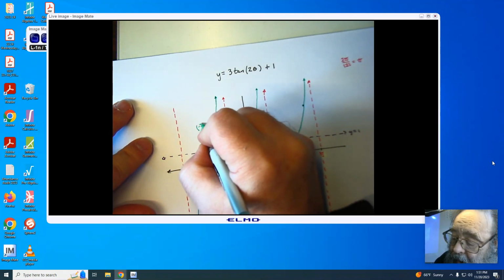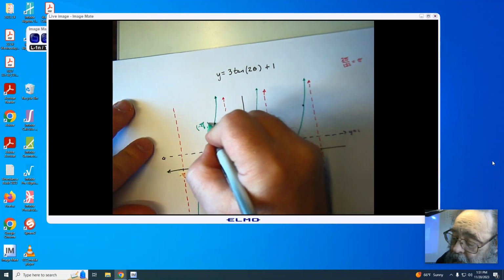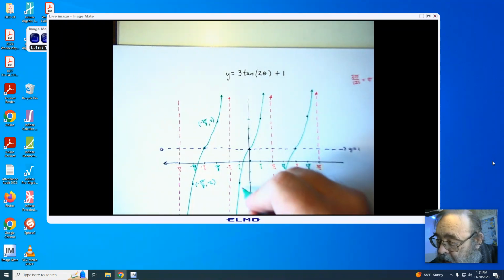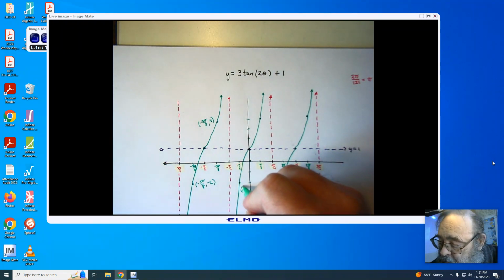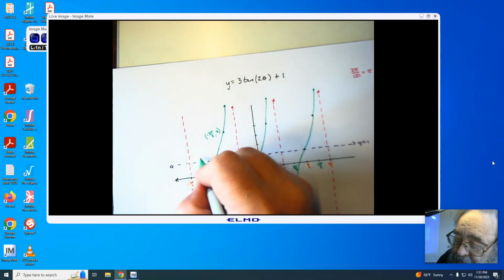Negative 3 pi over 8, and I'm now up at 4. Then I do negative pi over 8, negative 2. Well, don't forget, negative pi over 2, Mr. Lamb.